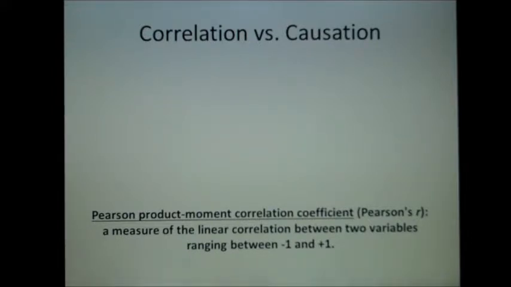This is just a measure of the strength of the correlation between two variables. Pearson's r ranges from -1 to +1. The closer you are to -1, the stronger the negative relationship, and the closer to +1, the stronger the positive relationship between two variables. If you think about it on a continuum, 0 would be no relationship.